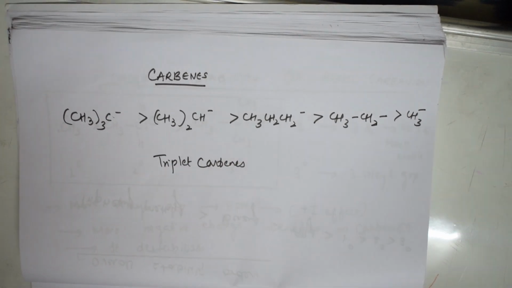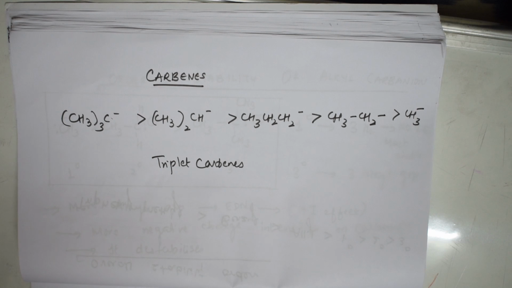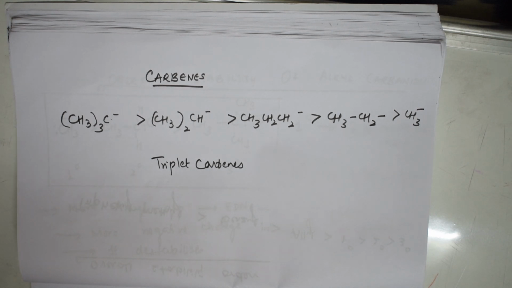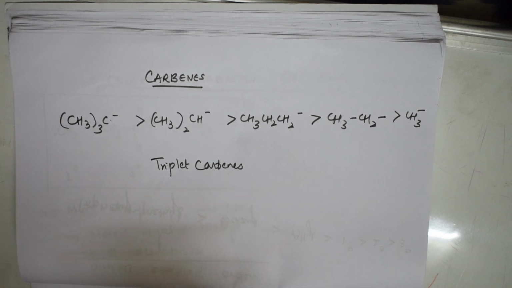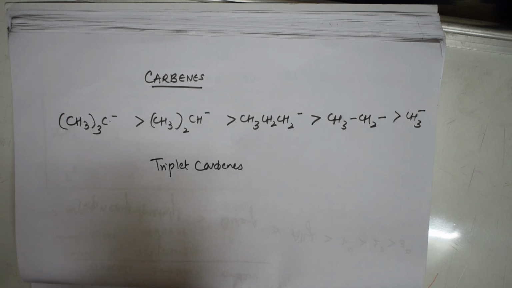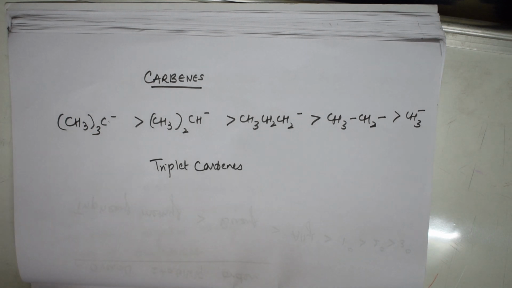So basically what are carbenes, students? We have studied different types of reaction intermediates in general organic chemistry. A carbene is a molecule containing a neutral atom with a valence of 2, basically 2 unshared valence electron pairs. Here I am talking about triplet.